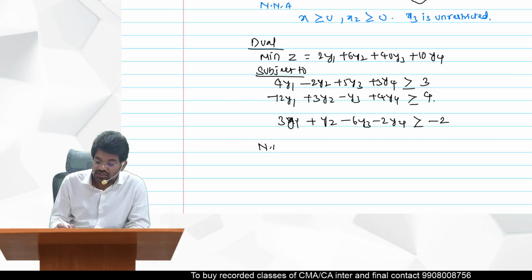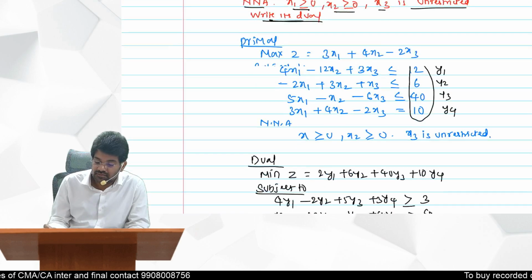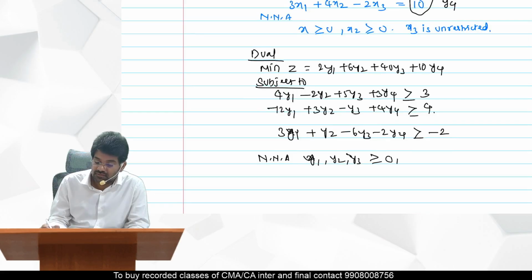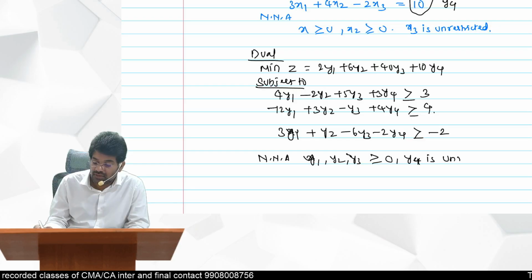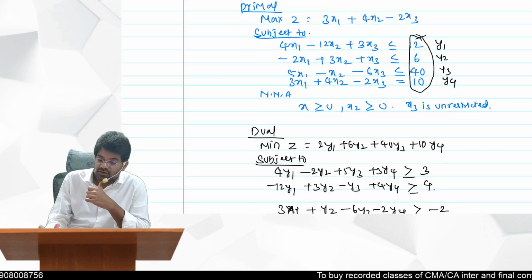And the non-negativity assumptions: y1, y2 and y3 greater than or equal to 0. y4 is unrestricted. So this is the dual for this question.